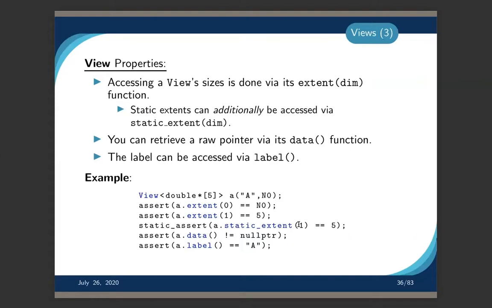I think our documentation tells you what it returns if you try that for a runtime dimension. You can retrieve the underlying raw pointer via the data function, and you can get its label by asking for the label. So if you allocate A with a runtime and a compile time dimension, its extent 0 will be n0, its extent 1 will be 5, and its static extent 1 will also be 5. Its data is not the null pointer, because you allocated something, and you can ask for its label.